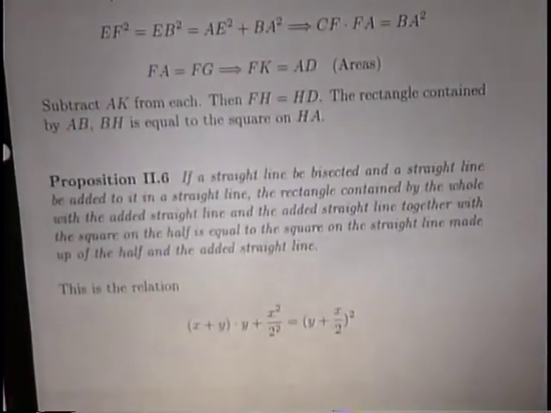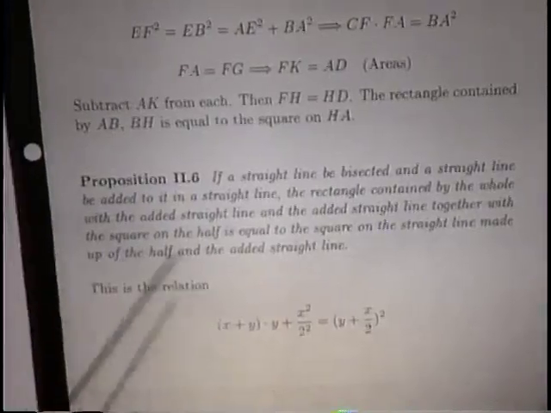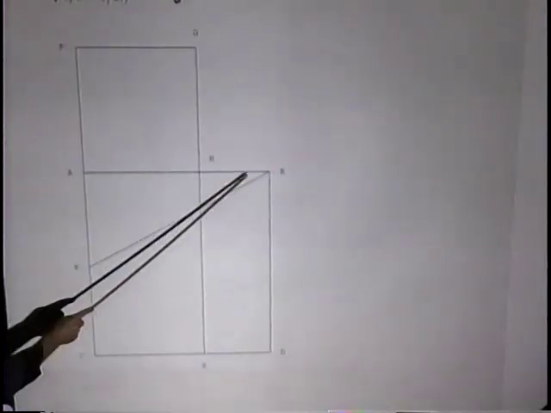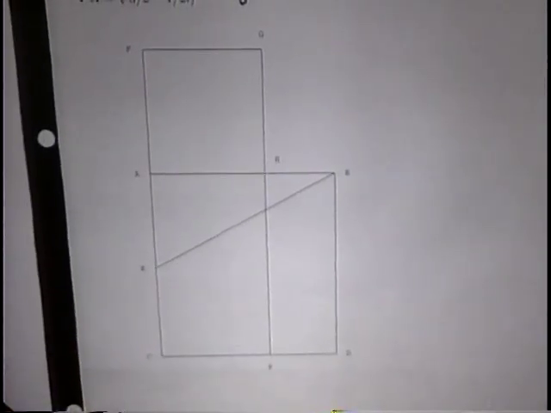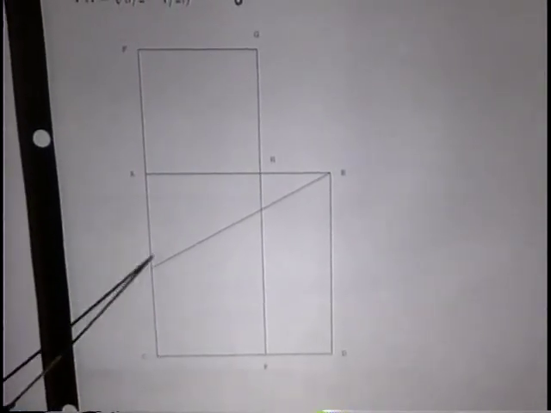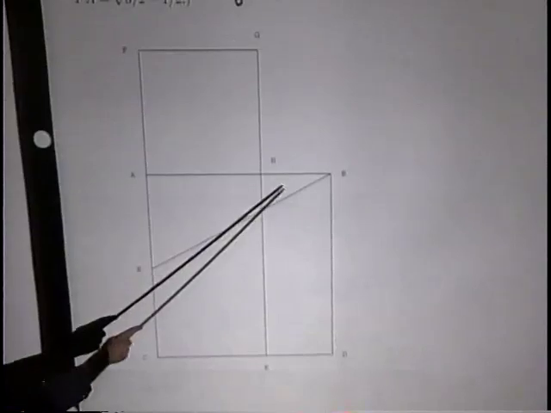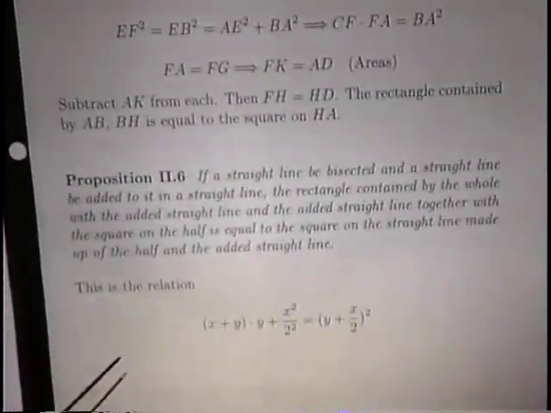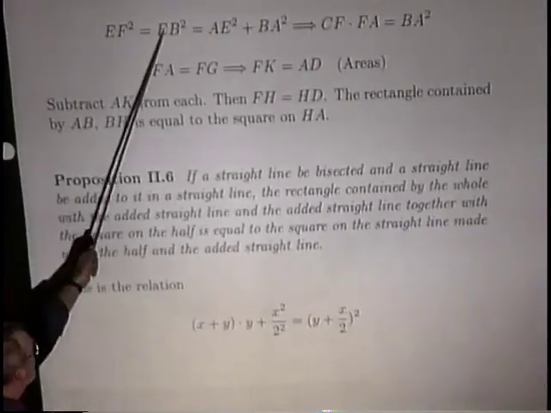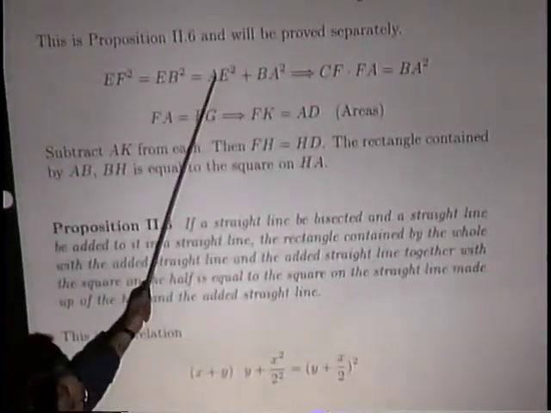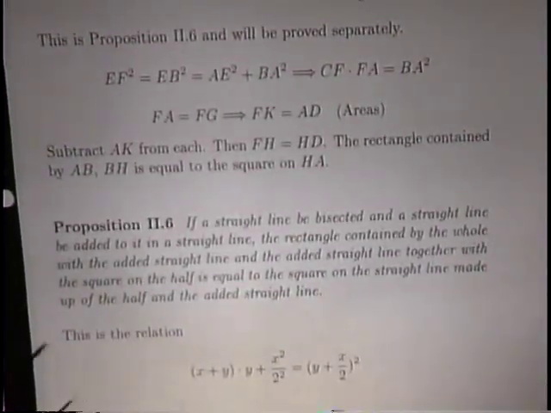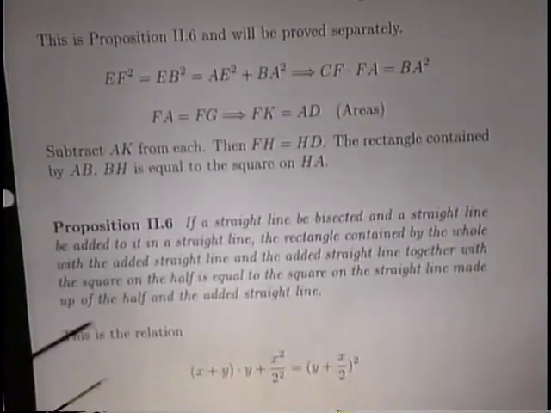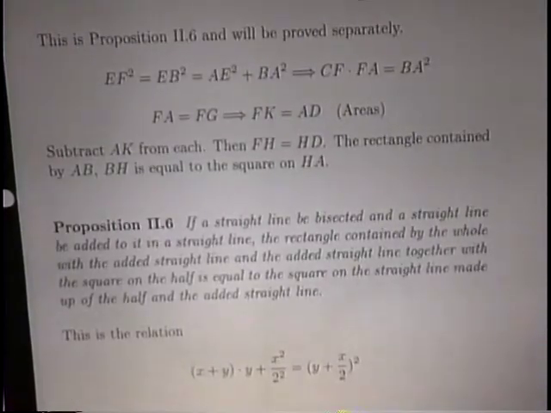So EF squared, which is what is on the right there, is EB squared, because we just constructed this line to be equal to that one. But here he's going to use, as we did implicitly up there, the Pythagorean theorem. This is the one place where we've used it: this square is equal to the sum of the squares on the other two sides, AE squared and BA squared.